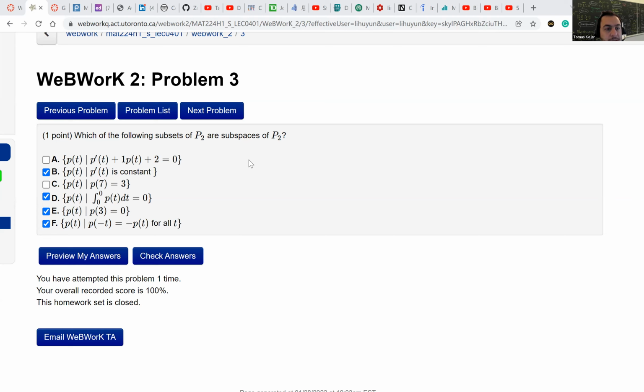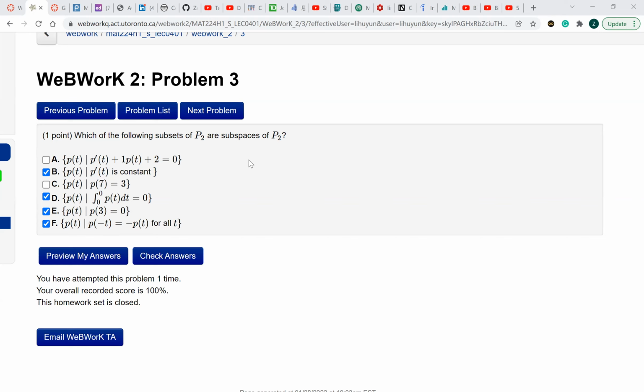Right. So let's do an easy one, the part B you just talked about. P prime is constant. Give me two polynomials, P prime is constant and Q prime is constant. If you add them, what's the addition of P prime plus Q prime?